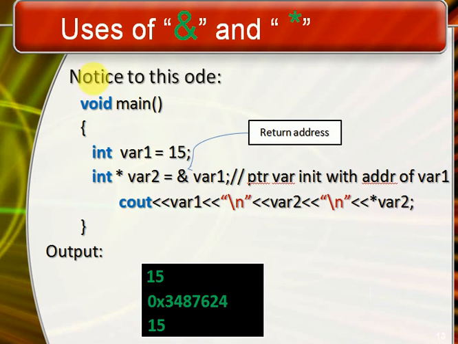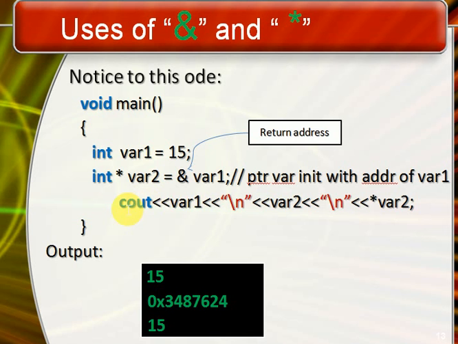So notice this code, that is void main. Int variable1 is initialized with a value of 15, that is an important line. Int pointer variable2 is initialized with &variable1, that is the address of variable1. So the pointer variable is initialized with the address of variable1.